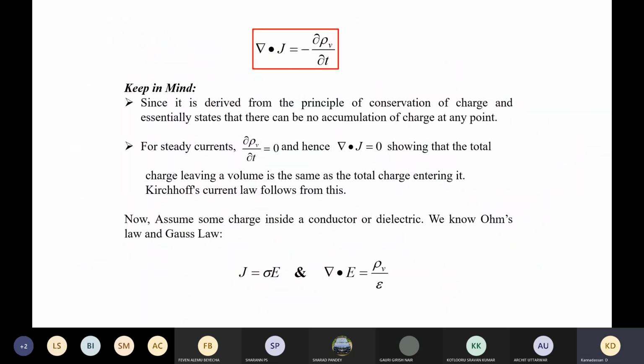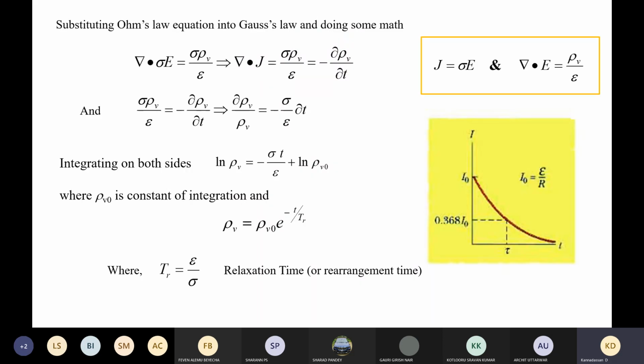Keeping this in mind, when we substitute the divergence of the electric field, which is connected with Gauss law, into the continuity equation, we will get the solution. That describes how the charges are distributed over the structure and how they vary with respect to time. Finally, until the charge becomes uniform throughout the structure, it will keep moving here and there.